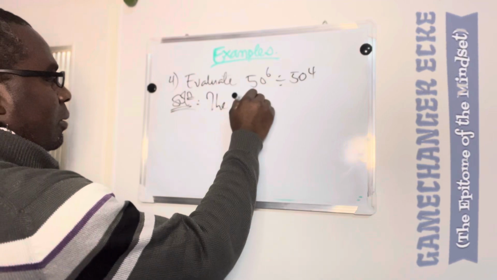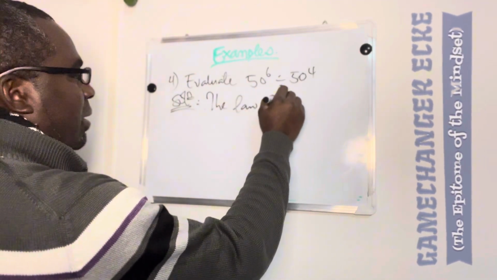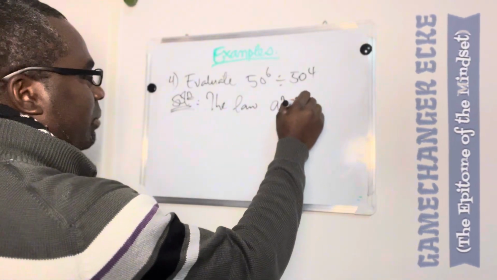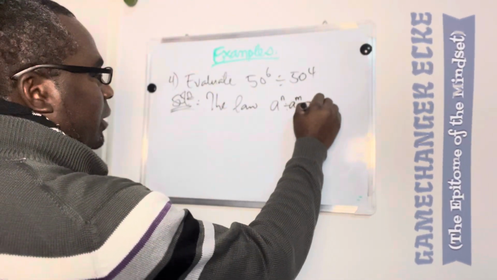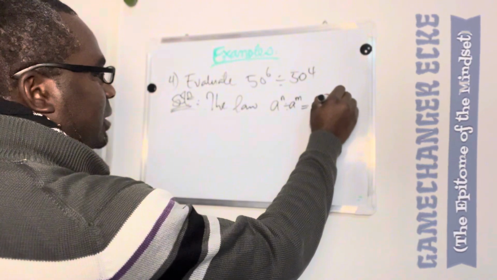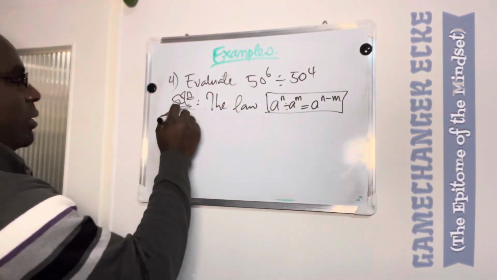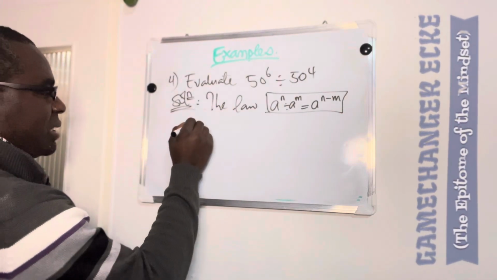the law a to the power n divided by a to the power m is equal to a to the power n minus m. So if we apply this law here, we have a common base, and the common base is 50.